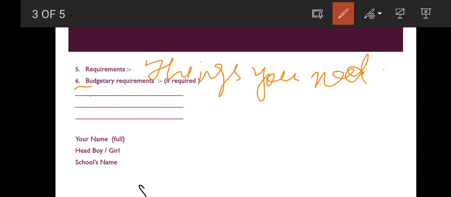So you have to write, since a person is dealing with cancer, we need budgetary requirements. Those who want to donate their money can donate. You could put any quote over there, like charity is a good policy. So this is the budgetary thing.